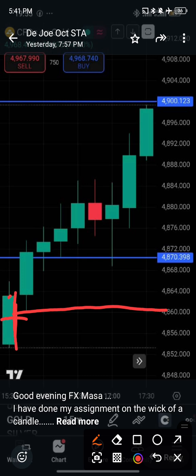There's a close, there's a break. This is the first break you should wait for. Okay? That's the break. Can you see that there's another candle that comes and closes above, higher than this candle? You should also wait for this one to close. The next one that comes, this is the one you enter.